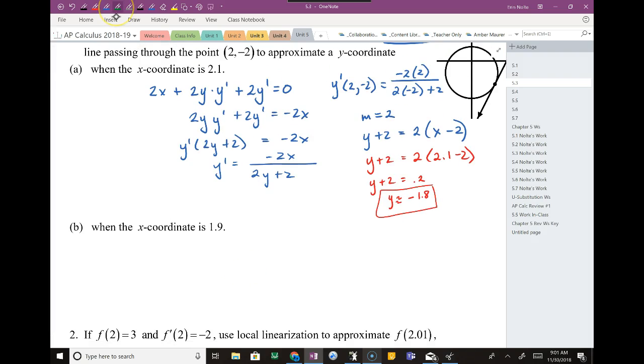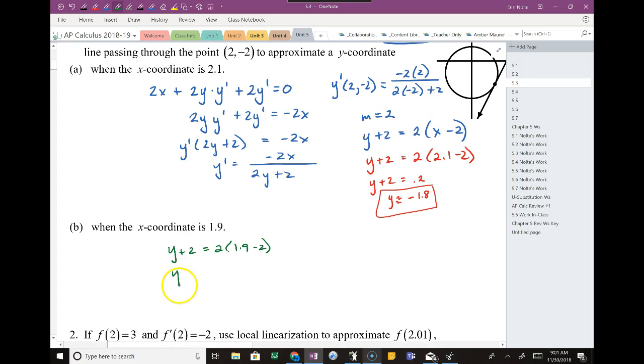All right, so for B, the only difference is that now I'm just plugging in a different number. I can use all of the calculus that I used in the previous question. I have my linear equation, and now I can just plug 1.9 in instead. So we can just do y plus 2 equals 2 times 1.9 minus 2. So what is 1.9 minus 2?